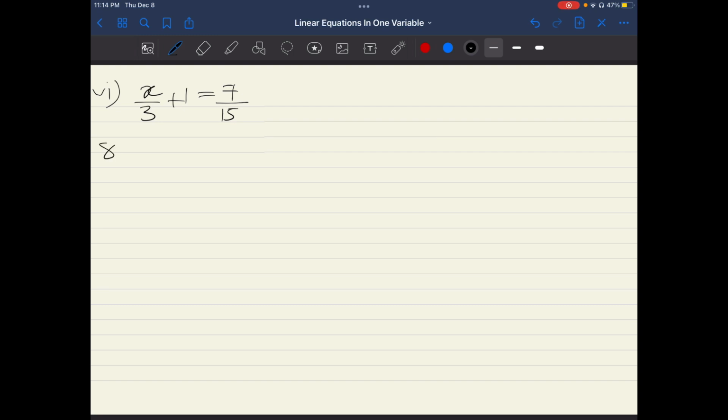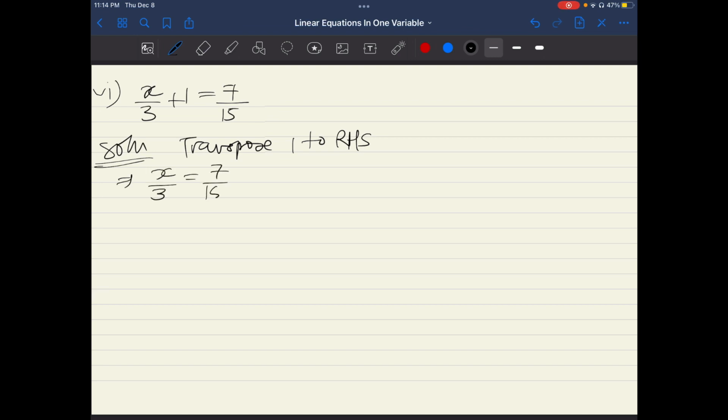Now in this question, we will start with transpose 1 to RHS, which will give us x over 3 equals 7 over 15 minus 1, which is x over 3 equals 7 minus 15 over 15, which implies x over 3 equals minus 8 over 15.